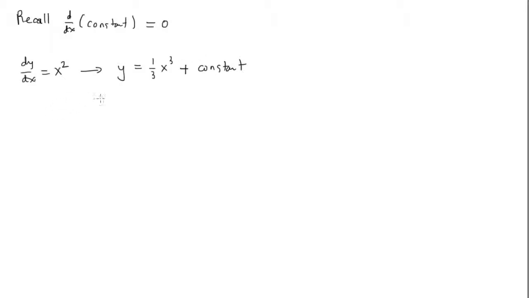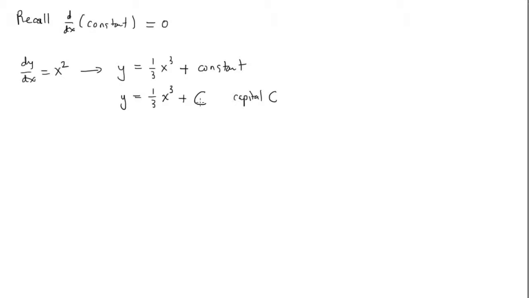So the way that we typically write this, just for convenience, is something of the form y equals 1/3 x cubed plus C, and that's a capital C, not a lowercase c. Okay, and that C is just going to represent some unknown constant.